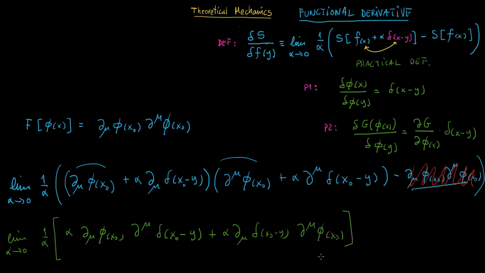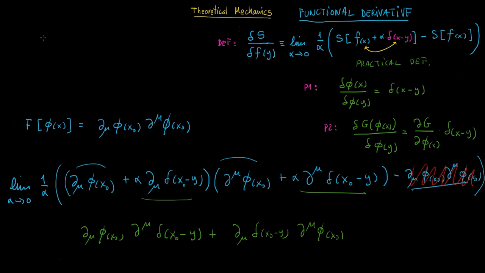I think we're done, because this with this, and this times this, we will obtain alpha squared. With this alpha, it will remain alpha, and when alpha goes to 0, then it will be cancelled. So the remaining term, the survival terms, are only this. So this alpha and this alpha will be cancelled by this alpha, so here we are.